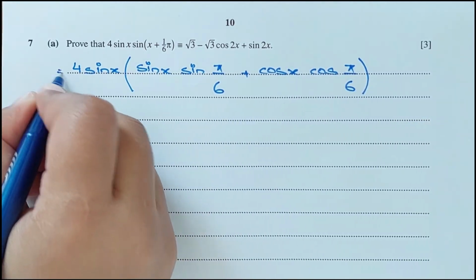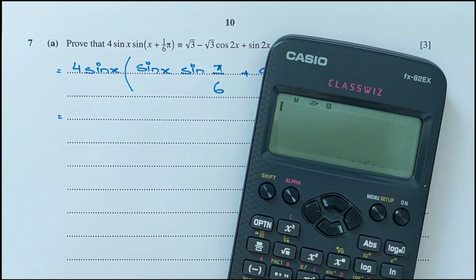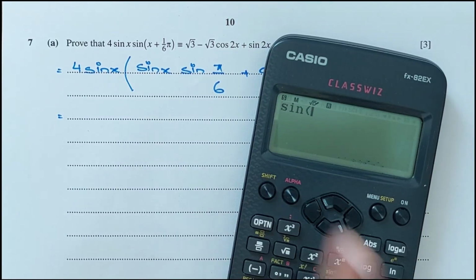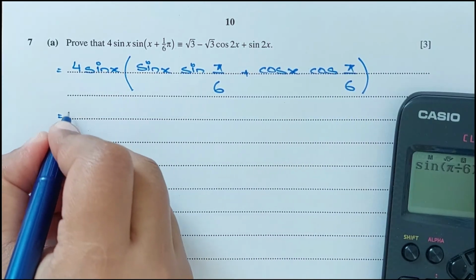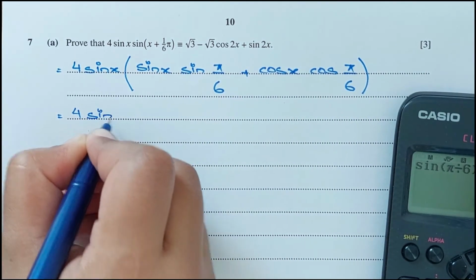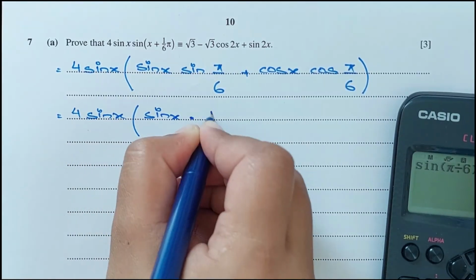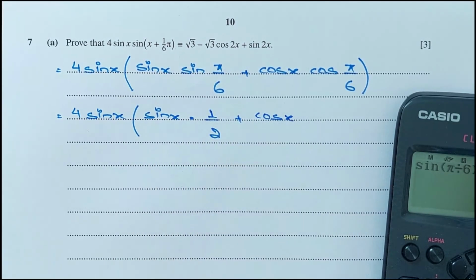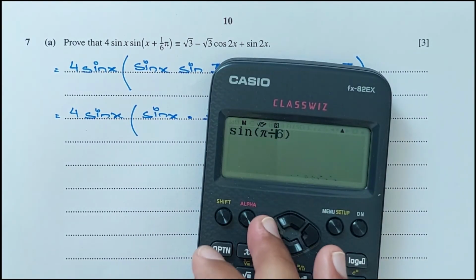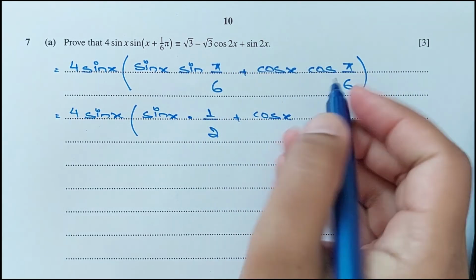All right, so in radians, what is sin pi over 6? It is 1 by 2. So 4 sin x into (1 by 2 sin x plus cos x times cos pi by 6, which is square root of 3 by 2).